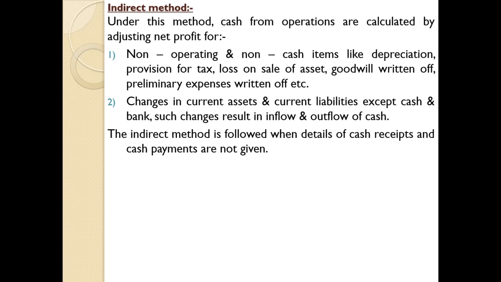If such items are not given, instead of that you are given details of non-operating items as well as current assets and current liabilities, definitely you have to follow the indirect method. This is how you need to remember regarding which method or step has to be followed for finding out the cash from operations.